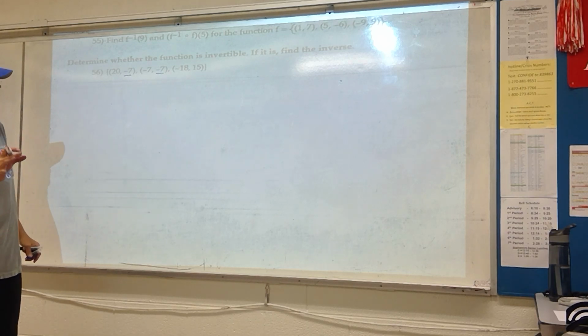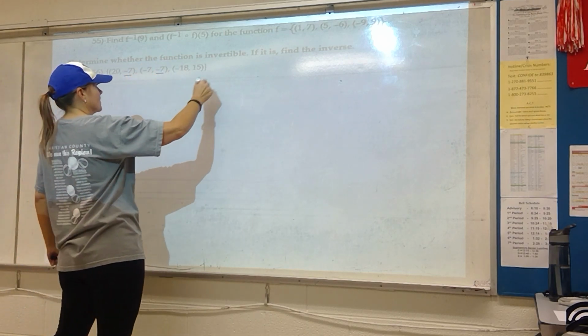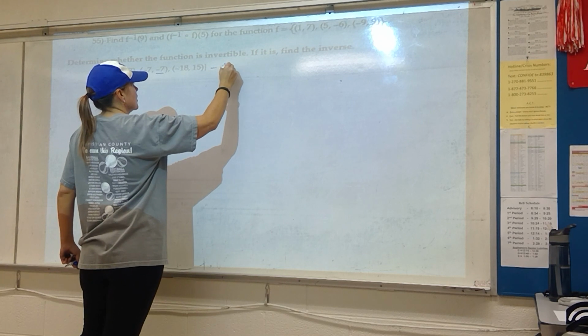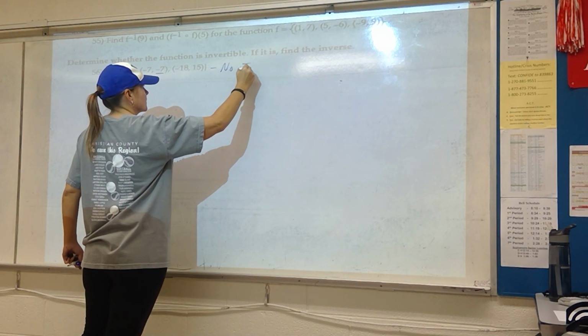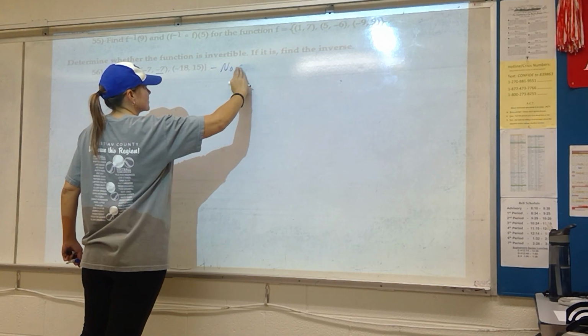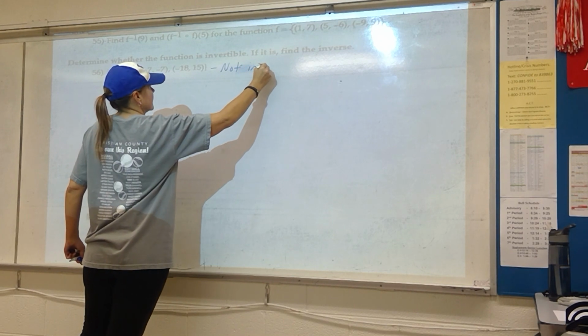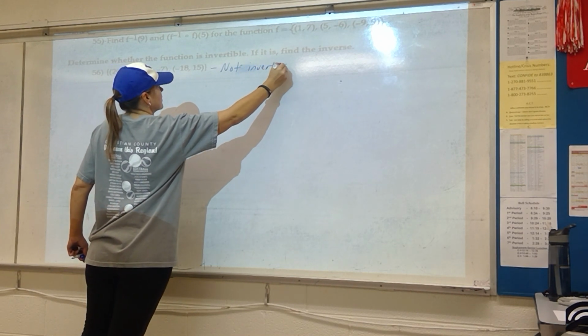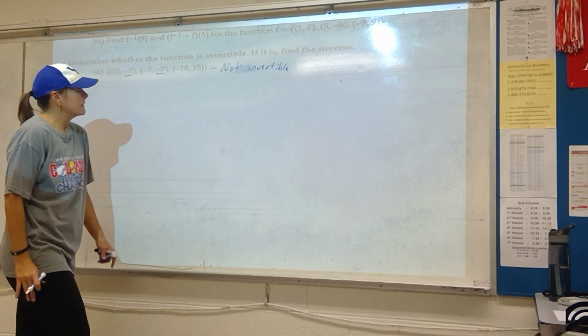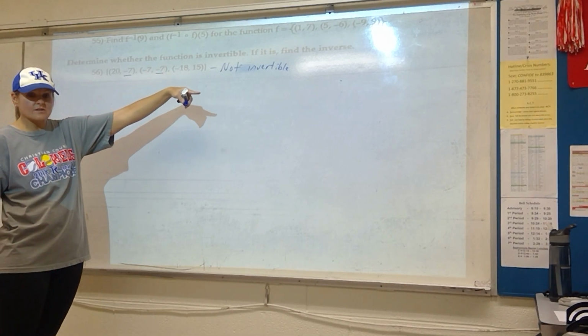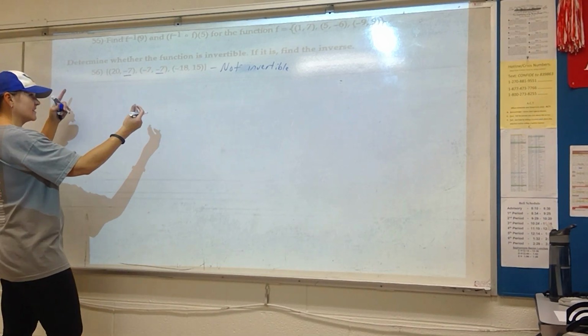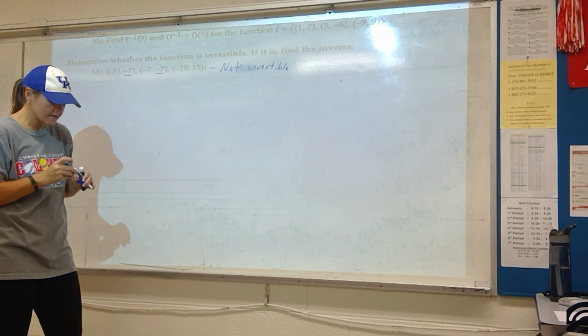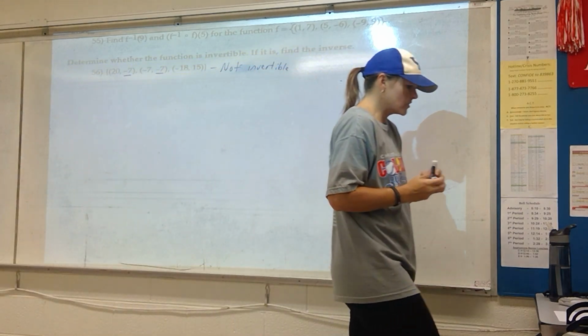This does not have an inverse. So determine whether it has an inverse. No. It's not invertible. So if it's not invertible, we can't find it. If each y had occurred once, then you would have said yes, and then you just would have switched your x's and your y's. Inverse stuff is not that bad.